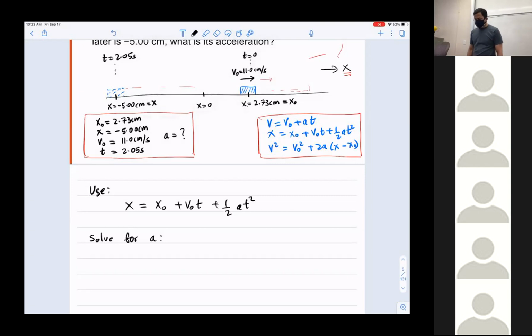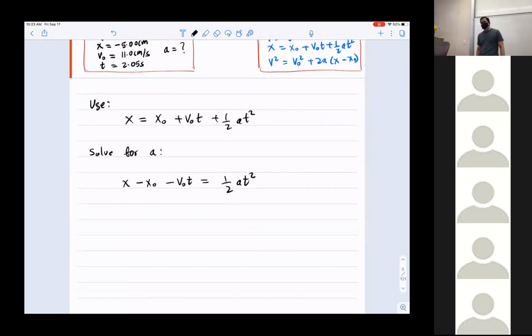Doing a little bit of algebra here, let me bring everything to the left side. I'll have here x minus x naught minus v naught t is equal to 1/2 at squared. And then I'm going to isolate a by multiplying both sides by 2 and dividing both sides by t squared.